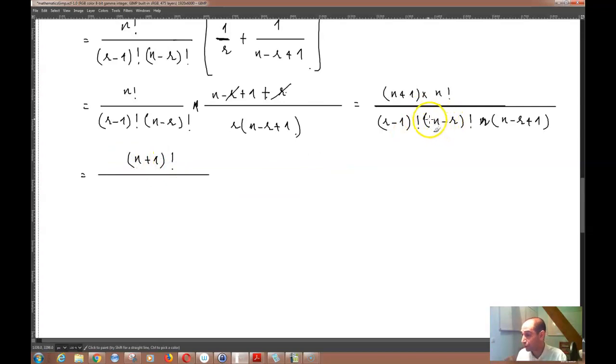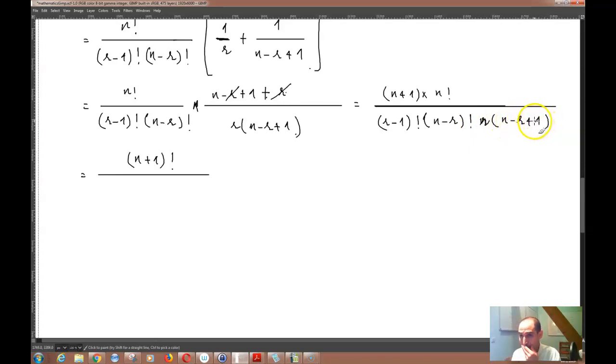And the denominator, I can write as r times r minus 1 factorial times n minus r plus 1.